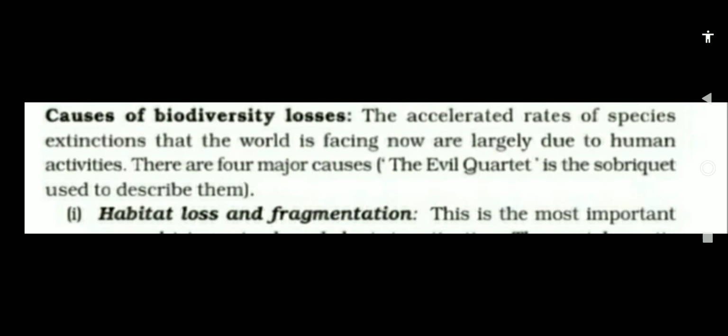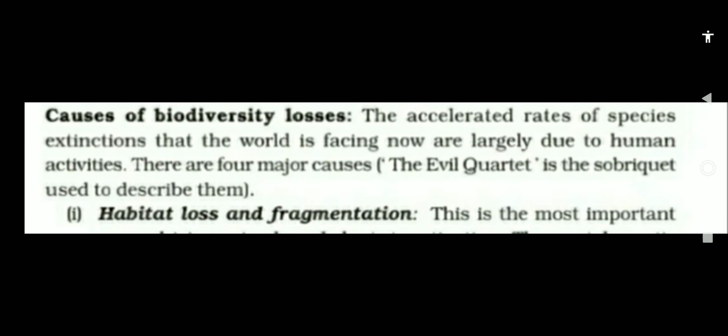That's why a large number of species are facing the risk of extinction due to human beings. So there are four major causes of biodiversity loss, and we have to discuss them one by one.